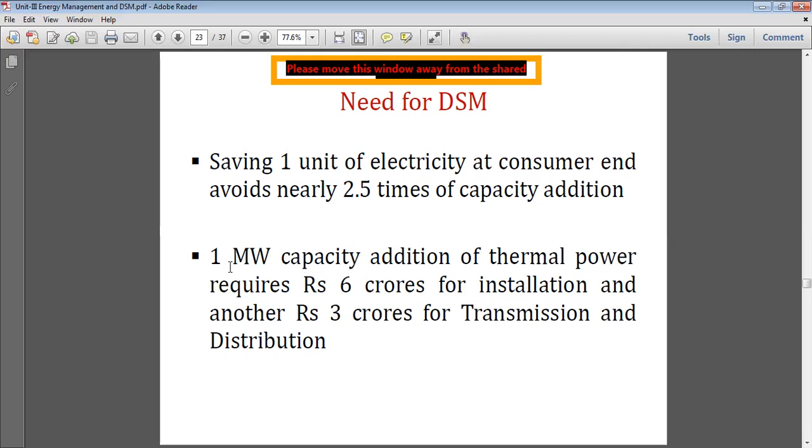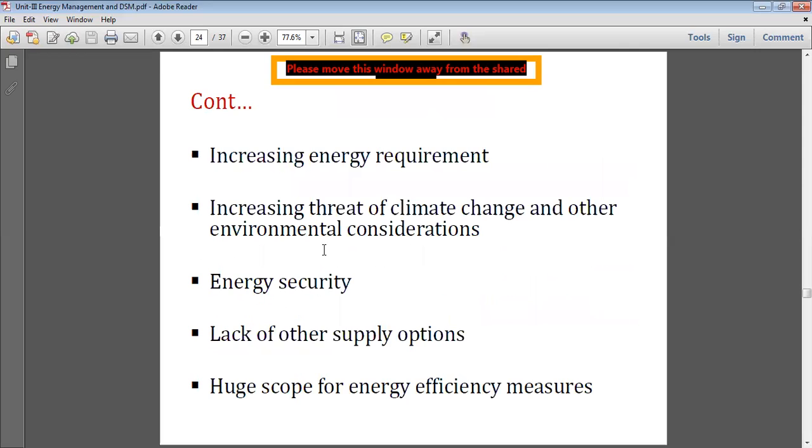Okay. Similarly, if you want to install a hydropower plant, again the cost is very high, because it includes the cost of dam construction. Dam construction needs a very huge amount, in addition to the power plant and transmission.